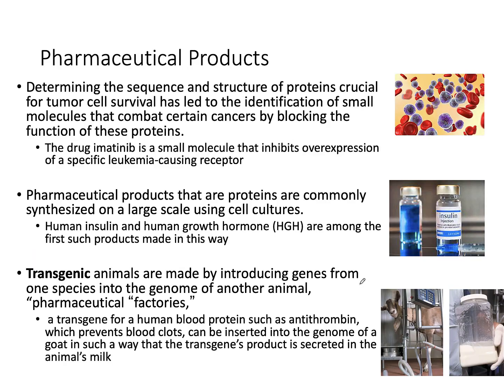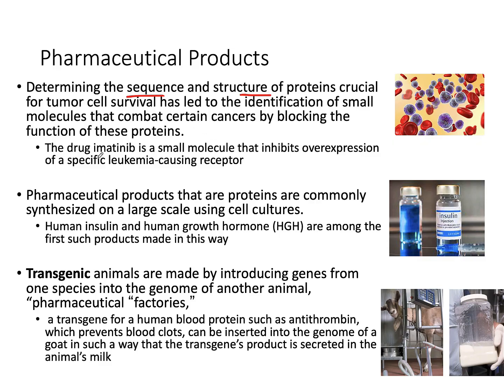We use genetically modified organisms to make tons of pharmaceutical products. Just knowing the sequence and the structure of a specific protein can be helpful in identifying molecules that combat certain cancers. We can combat cancers by blocking some of the functions of these proteins.